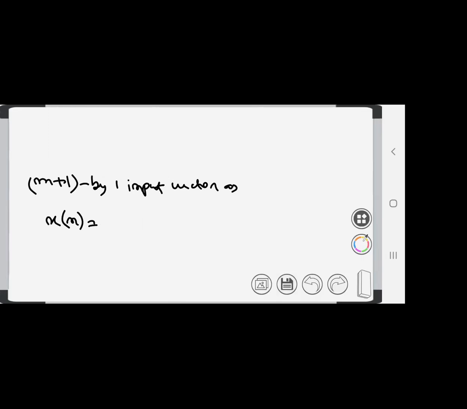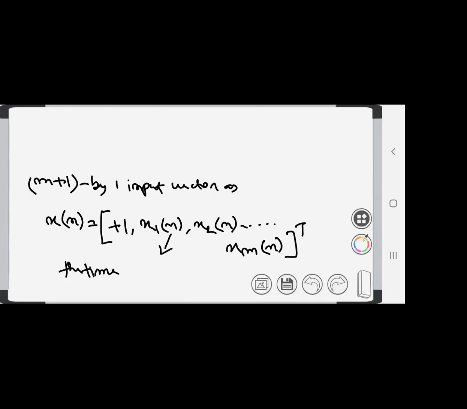x(n) = [+1, x1(n), x2(n), up to xm(n)] transpose, where n denotes the time step in applying the algorithm.